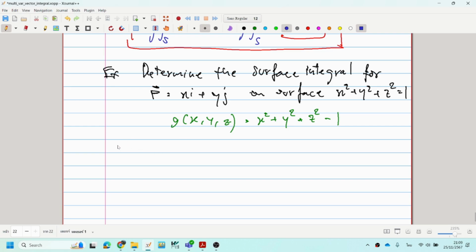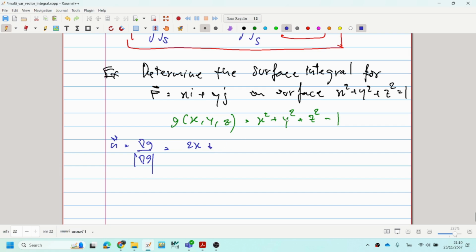You find N vector equal to del g divided by the magnitude of del g. Now, partial g by partial x, you get 2x, right?